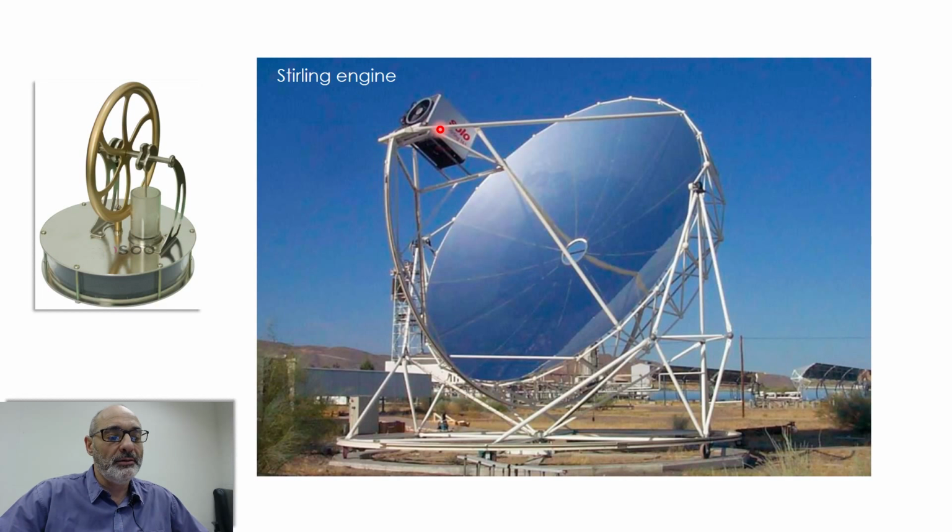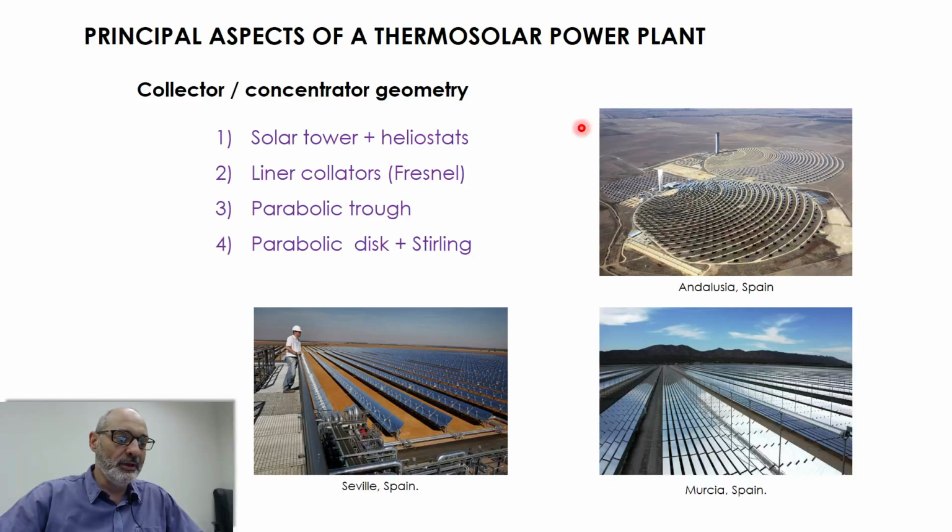A Stirling engine, I think you remember, I already showed you, I brought a Stirling model here. It's a reversible cycle, as is the Carnot cycle, and so it's very efficient for energy conversion, especially at low temperature differences. So it's very convenient, but it's not applicable for the case that we are dealing with today, just for your information. So those are the four types of solar concentrator geometries, and just an explanation.